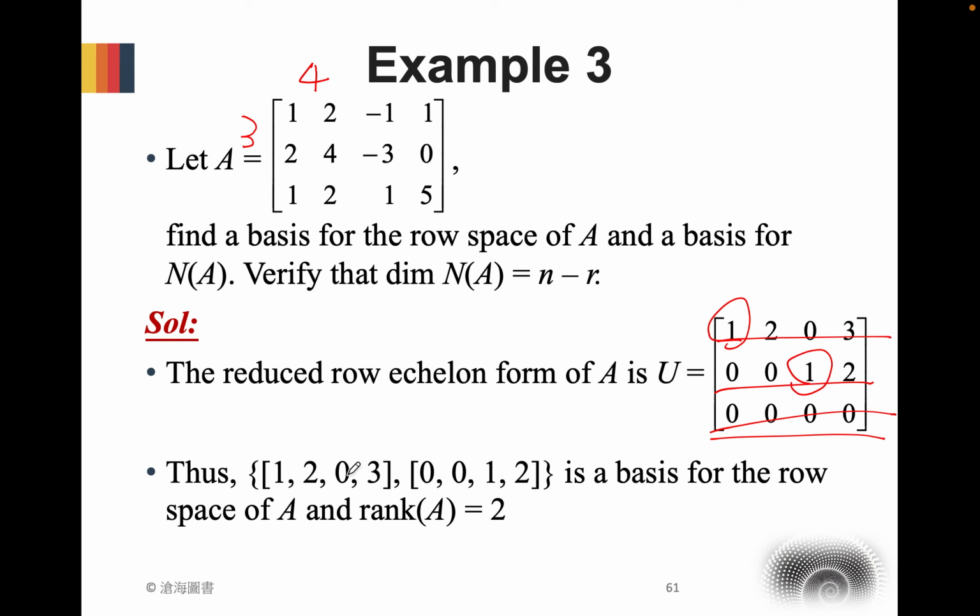Therefore, (1, 2, 0, 3) and (0, 0, 1, 2) form a basis for the row space of A, and therefore the rank of A is equal to 2 because we have two non-zero rows.